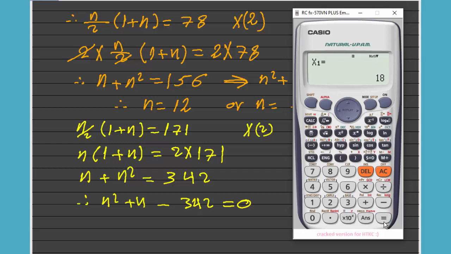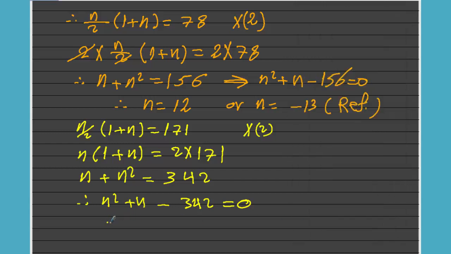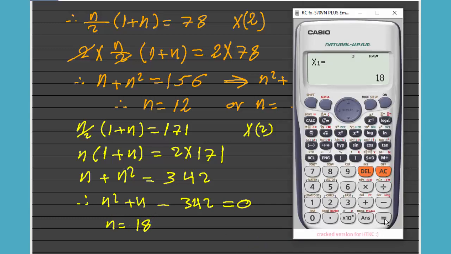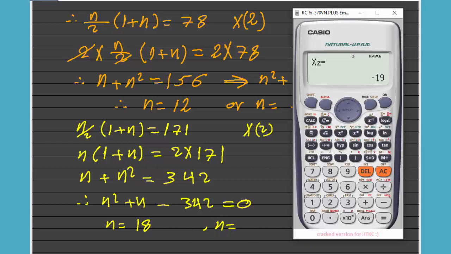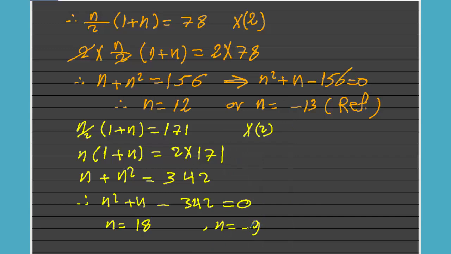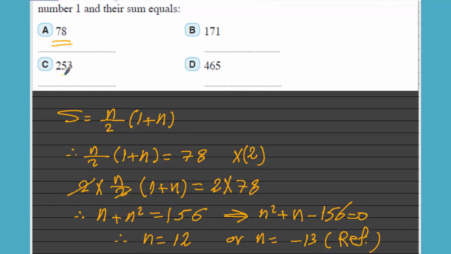Equals, the first value of n is 18, and the second value is −19, and also this number is refused. Okay, so n = 18, and you can solve C and D the same way.